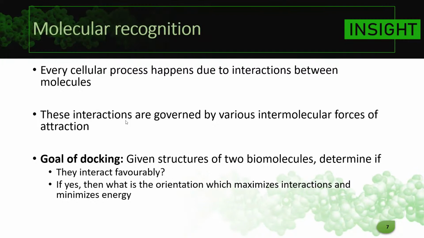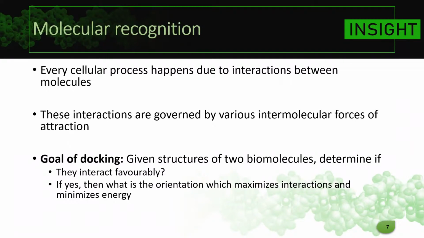So very quickly, let's talk about the molecular recognition process itself, and then we will shift to some basic chemistry, just a quick review. But at any point, if you feel that something is not familiar, let me know. We can discuss that in more detail, and only then will we go ahead. As I mentioned, for molecular docking to be understood, we need to understand the underlying process of molecular recognition.